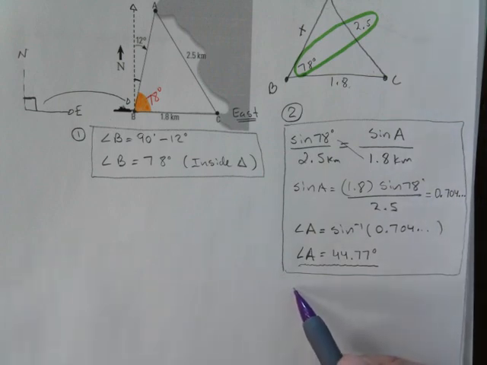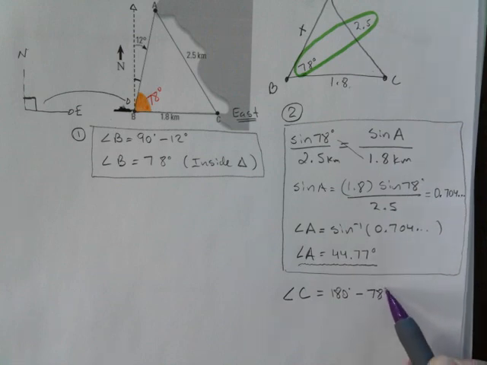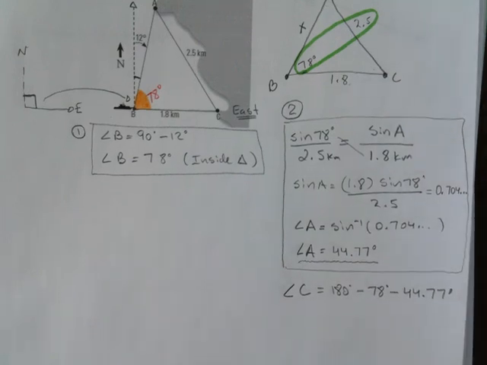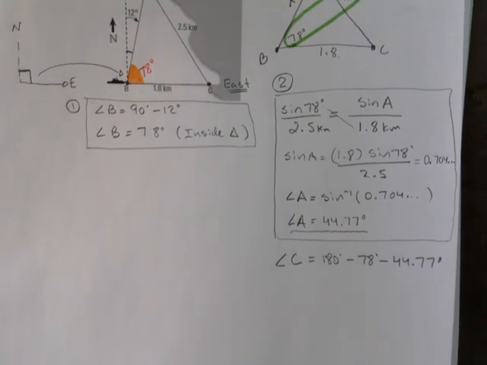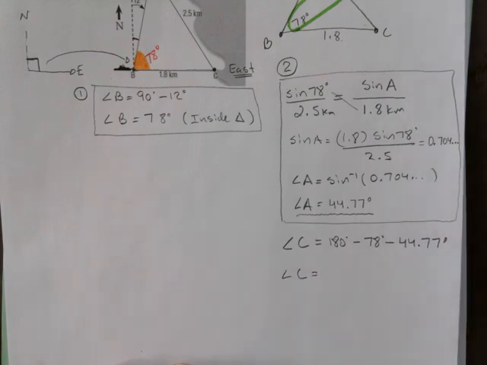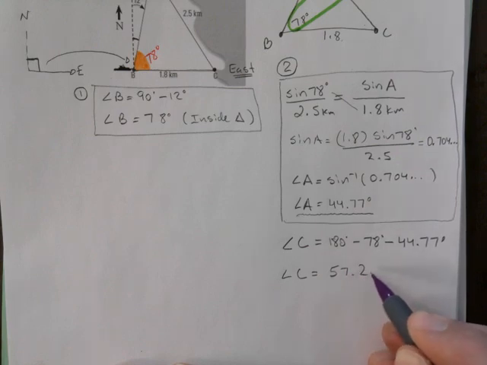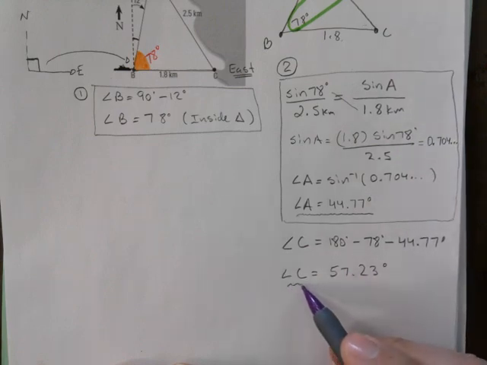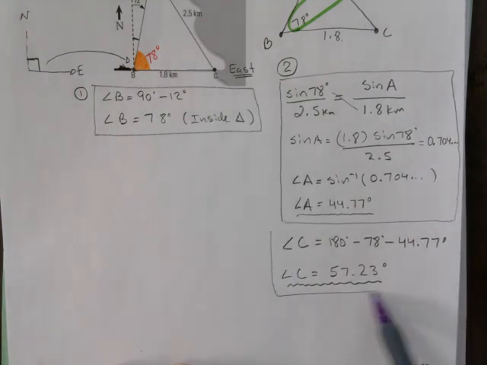Step number 3 will be angle C is 180 minus the 78 minus the 44.77 that I just found. And when you subtract all of that, you get 57.23 degrees. This is step number 3.